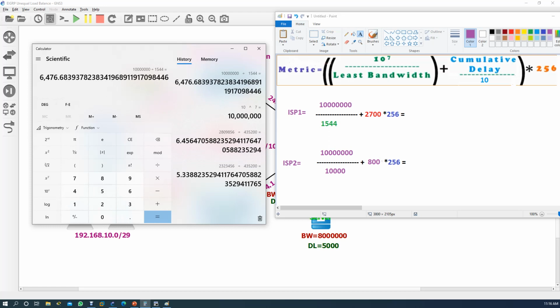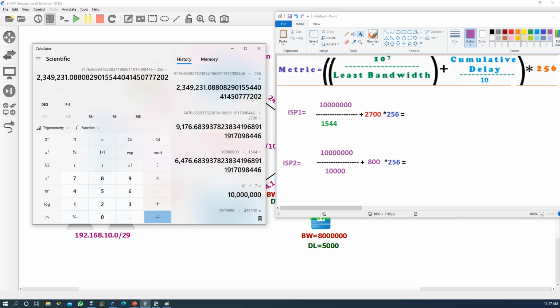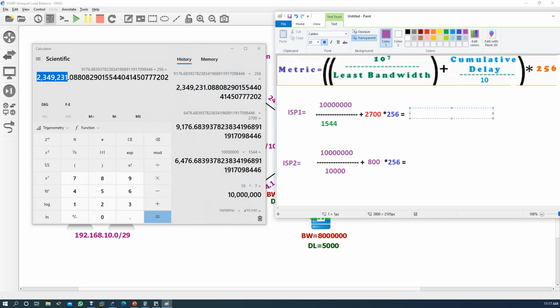This one, 6476, plus 2700, equal to, multiply by 256, equal to, so what is that, 2349, this one, right? Okay, so from here we got it, copy and paste here. So this is the answer from this way, right?